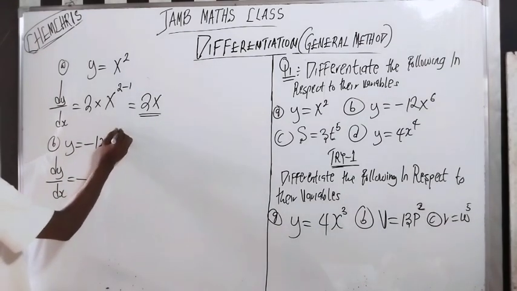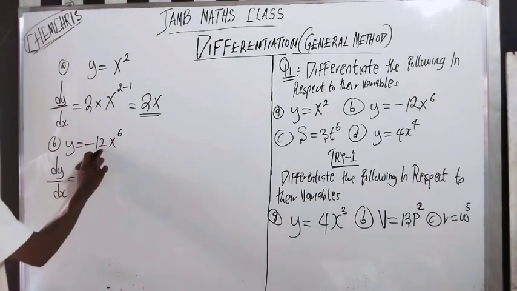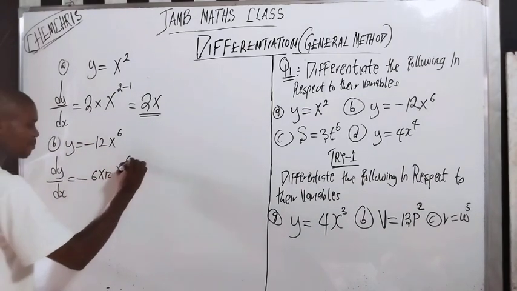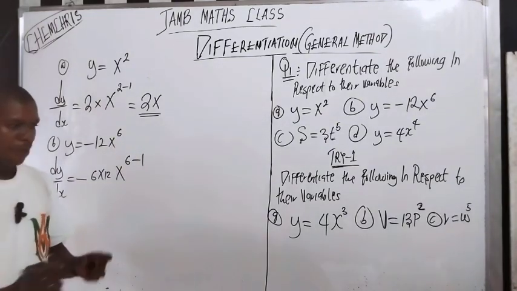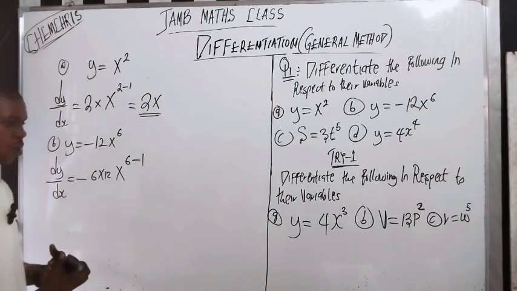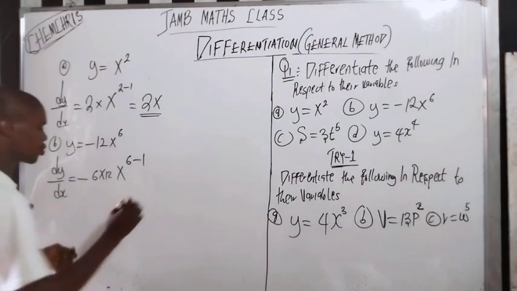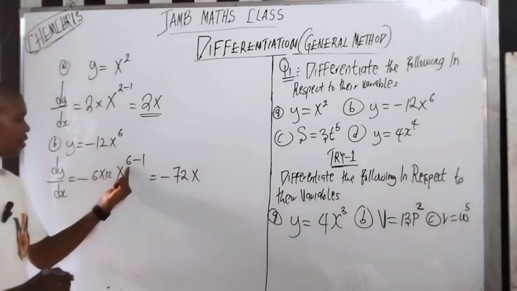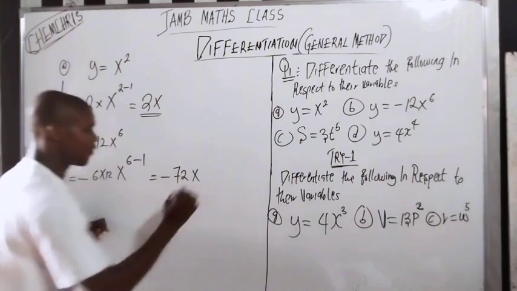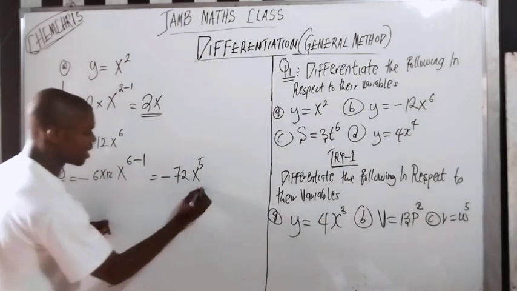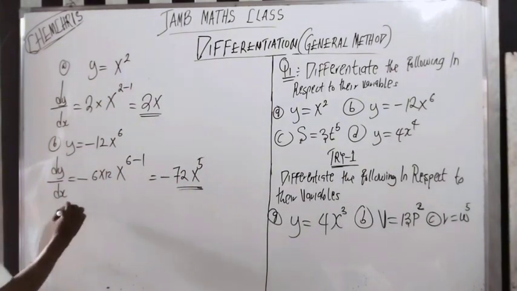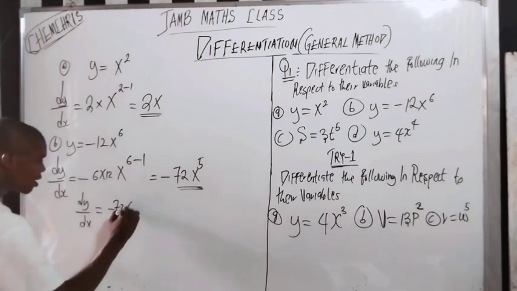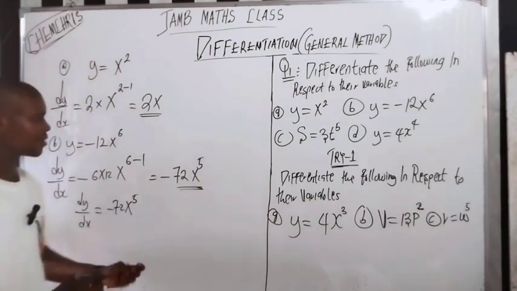So remember this index comes here to multiply this 12. So it's going to be 6 times 12 x to the power 6 minus 1. It's very easy. So 6 times 12 is 72. So it's going to be minus 72x. 6 minus 1 is 5. So this is the answer: dy over dx is equal to minus 72x to the power 5. You can see how easy it is, right?